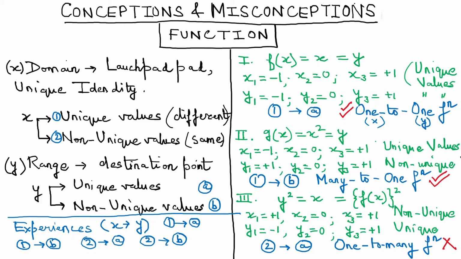There is one more experience which remains, wherein the range also is non-unique and the domain also is non-unique, maybe a point-to-point function. So any other such experience will not fall under the category of a function. So what is a function?